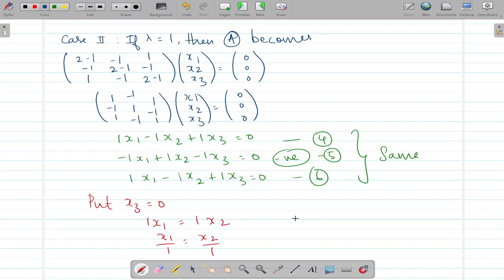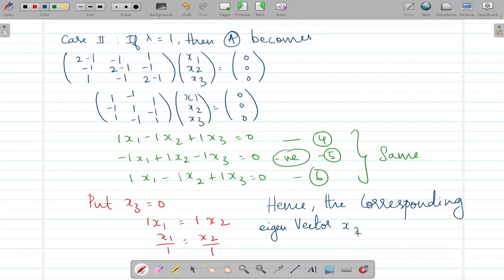So from this I can write, hence the corresponding eigenvector x2 equal to 1, 1, 0.